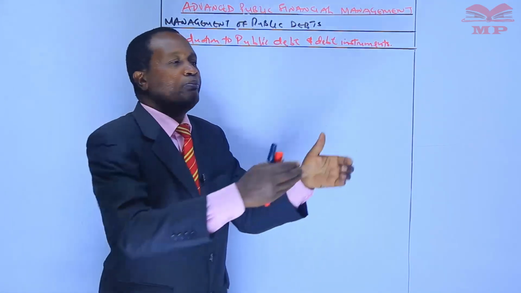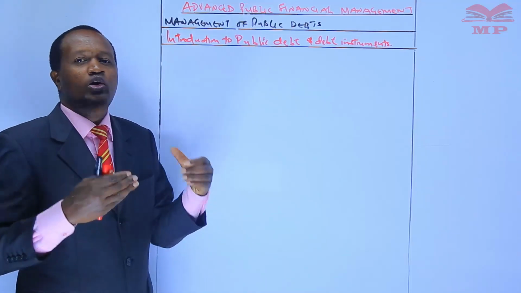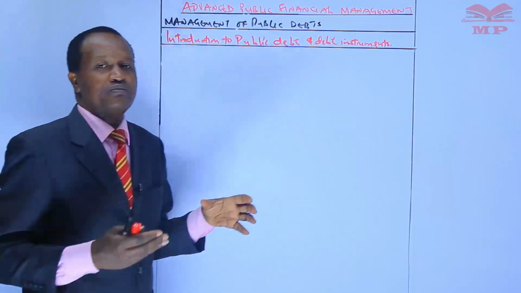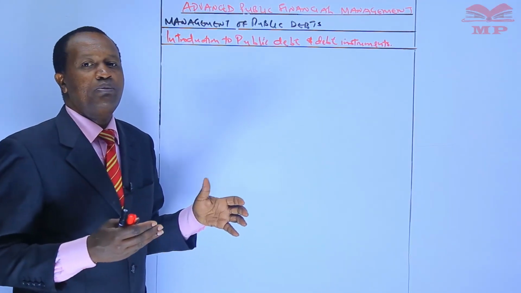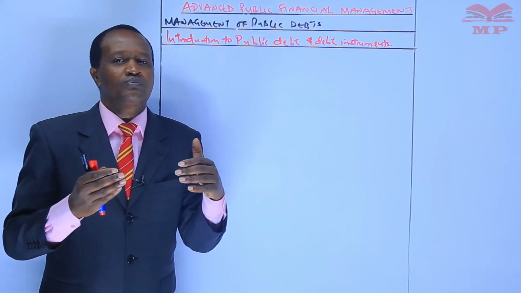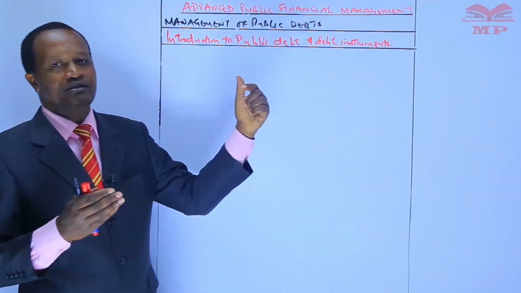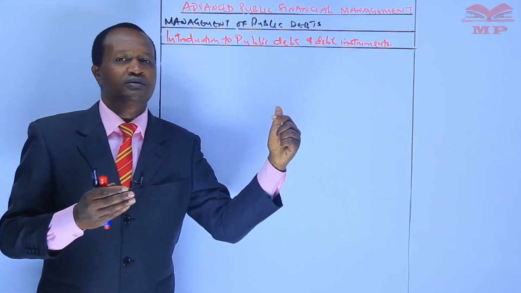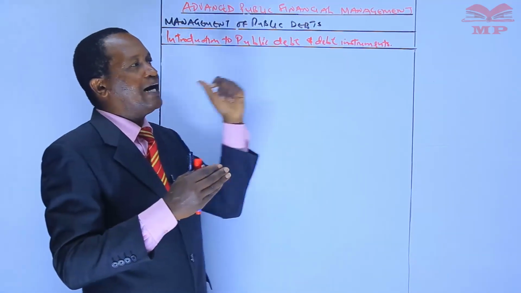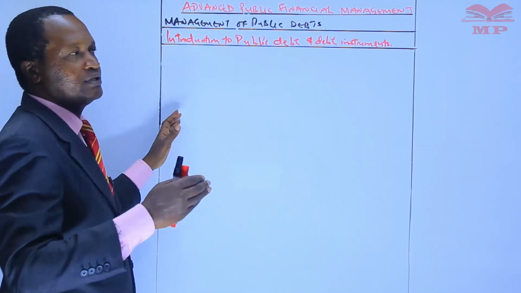So candidates, domestic debt, we can say, is a charge on the budget and must be serviced through government revenues or maybe additional borrowings. Whereas the external debt is a charge on balance of payments and perhaps additional borrowings.